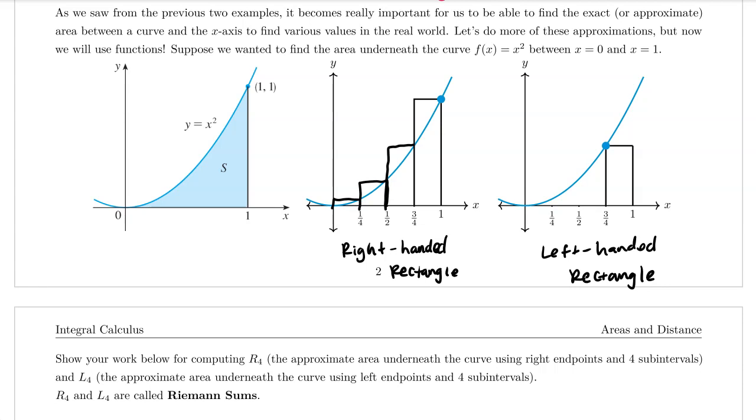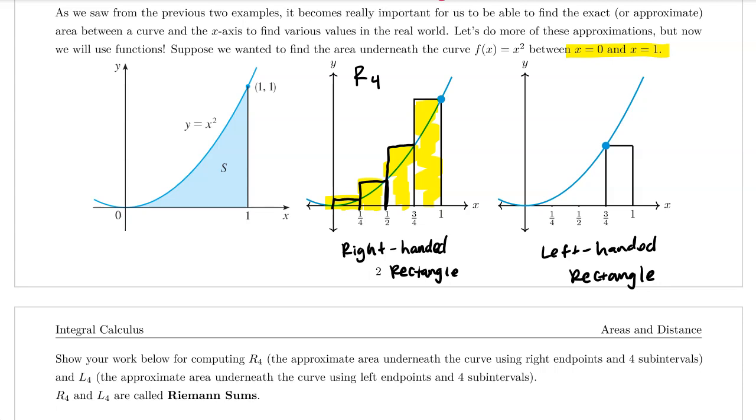Okay, and if I were to take each of these rectangles here and find their areas and add them together, that's going to give me what I'm going to notate as R4. And again, just like in the previous example, I'm using the capital letter R because I'm using right endpoints for my subintervals, and I've broken up my main interval from 0 to 1 into 4 subintervals, so that's why we're calling it R sub 4.